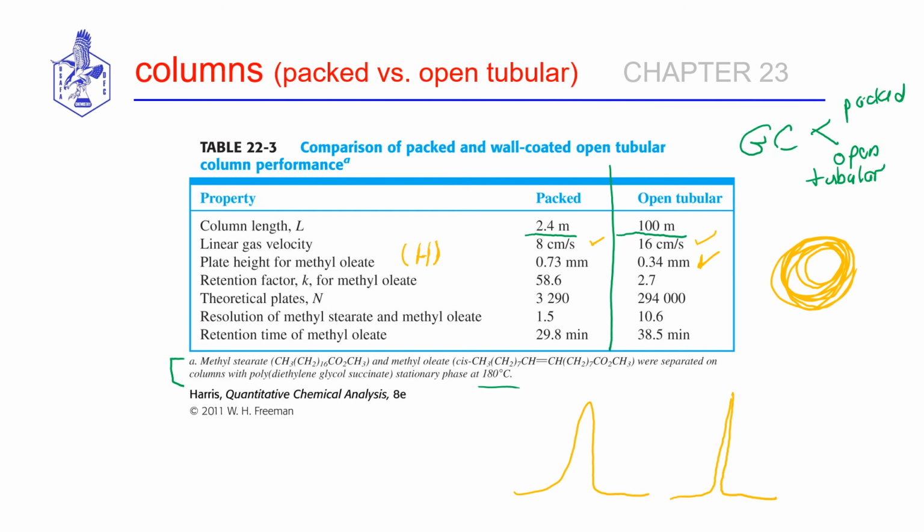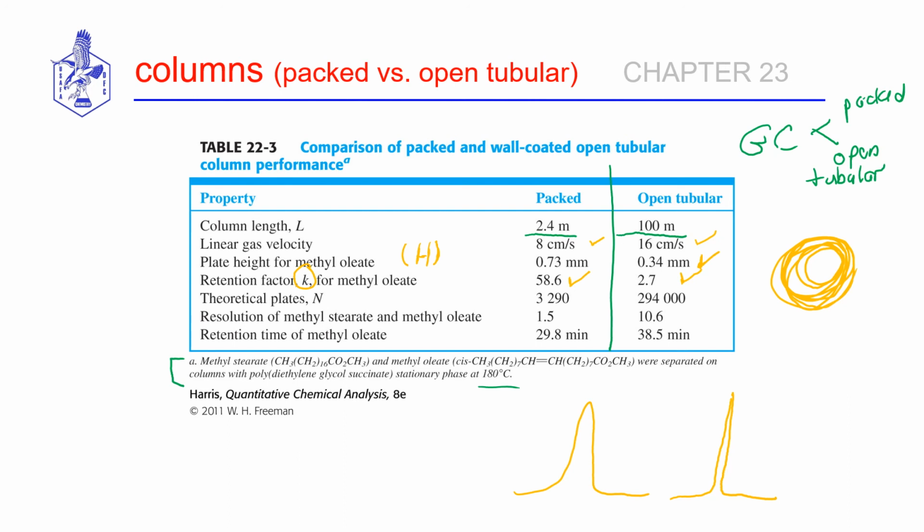The retention factor k has to do with how much stationary phase material is on the column, and with a packed column, this is a much bigger parameter. It's 58.6 versus an open tubular 2.7.